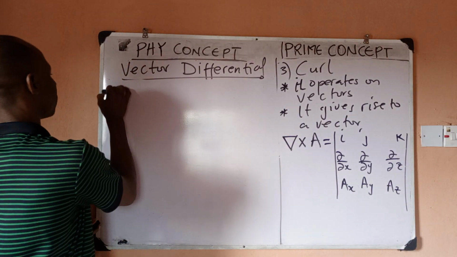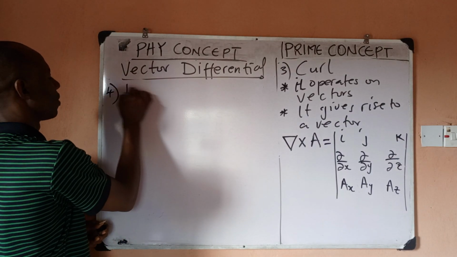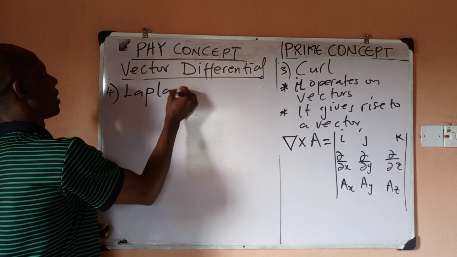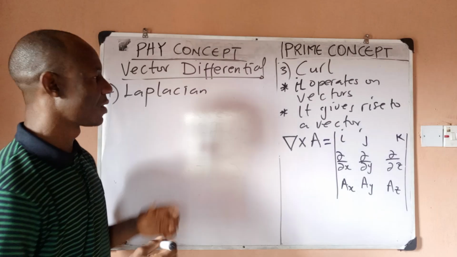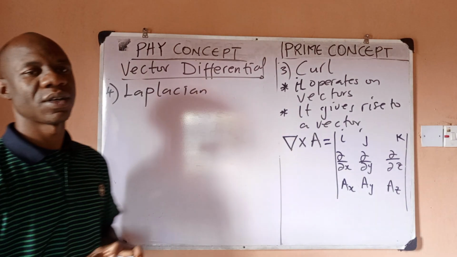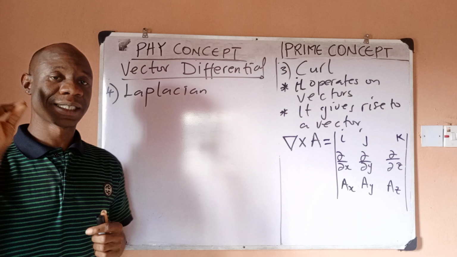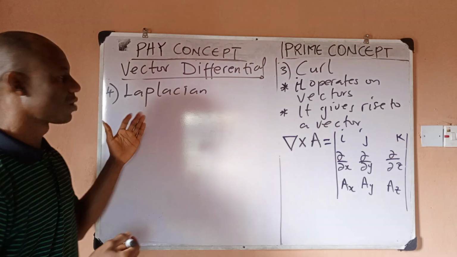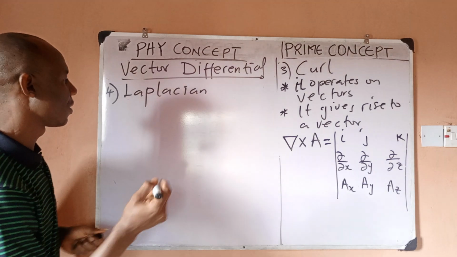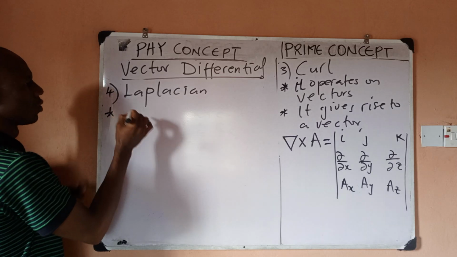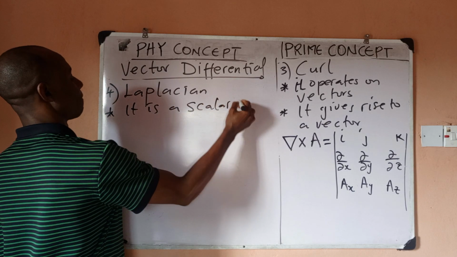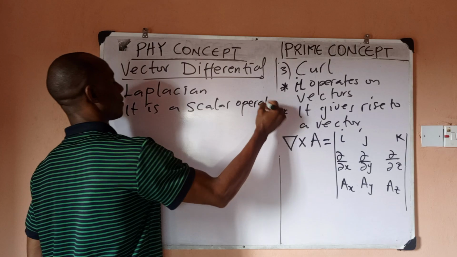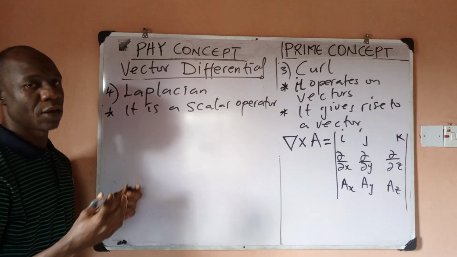Then number 4 is what we know as the Laplacian operator, Laplacian, right? Yes. The Laplacian operator is actually a scalar operator. It's not a vector, it is a scalar operator.